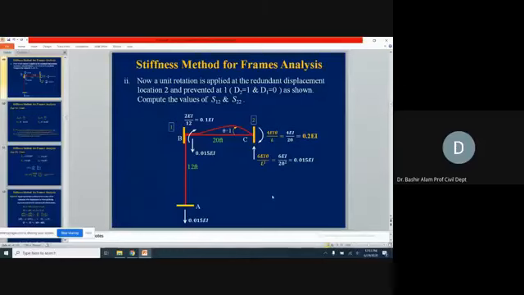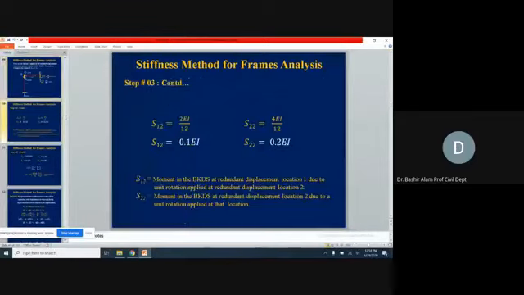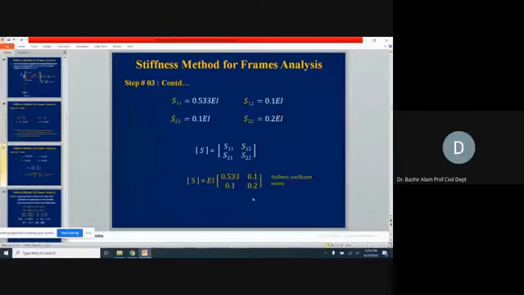And this will give you the second column of the stiffness matrix as well as the second column of the AMD matrix. Now S12 will become equal to 0.1 EI, which must be equal to S21, and S22 is equal to 0.2 EI. So now the second column is complete, and now we can write this in a nice form.